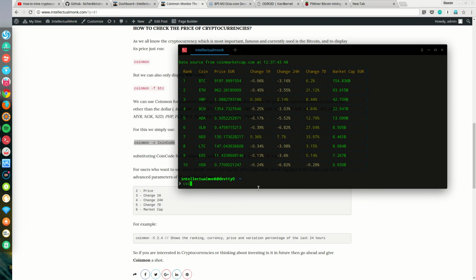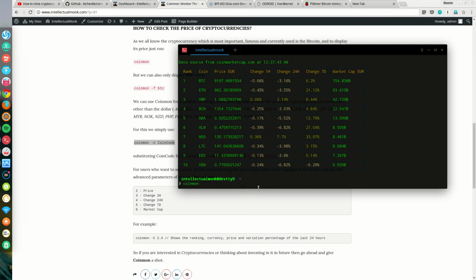So suppose you want to check its price in the last 24 hours, so the command is Coinmon space dash c.